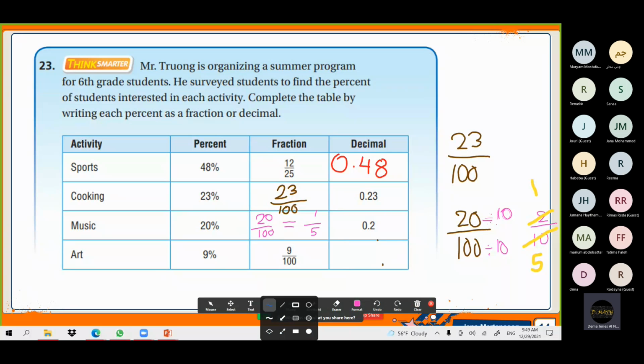Thank you, Sana. Now, Fatima. Yes, Fatima. For the art here, they wrote it as a fraction and they asked you for a decimal. How do you write it?